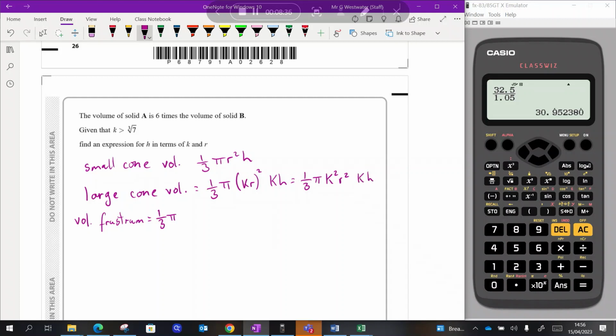So in fact that will be k cubed, wouldn't it? So it's 1/3 pi k cubed r squared h minus the volume of that smaller one, 1/3 pi r squared h. Okay.